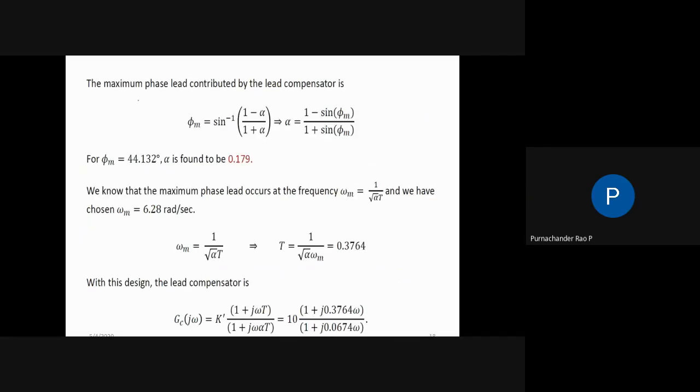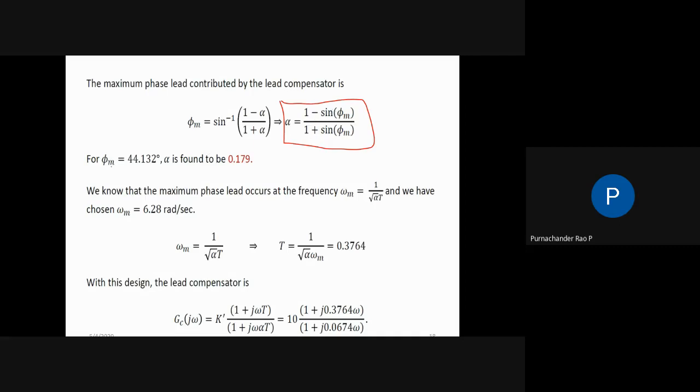Here we know that the maximum phase angle phi m is equal to sine inverse of (1 minus alpha) divided by (1 plus alpha). So alpha can be obtained as (1 minus sine phi m) divided by (1 plus sine phi m).